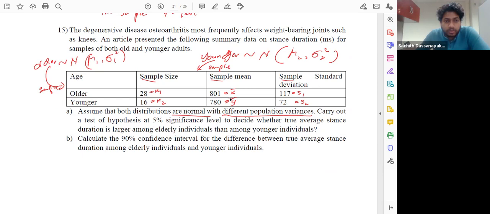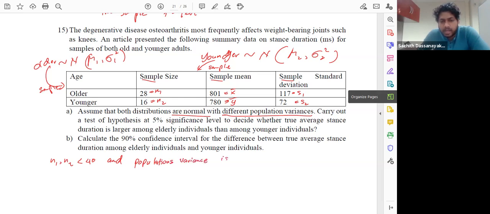Also n1 and n2 are less than 40. So I'll write it here: n1, n2 less than 40, and the population variances are unknown, both variances are unknown, and at the same time they are different.